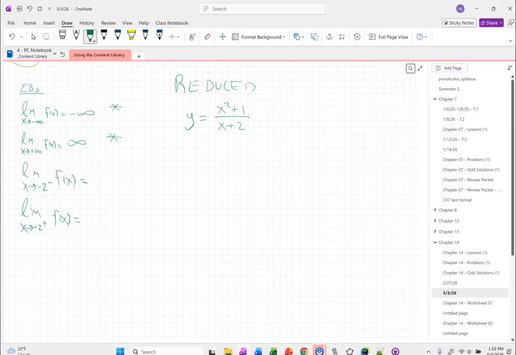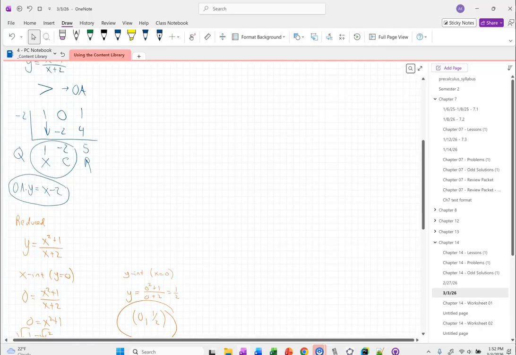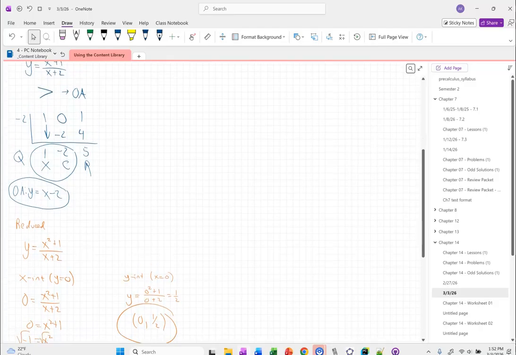I don't like the way I explain this. This piece, don't do it the way I just said. That was a dumb way of describing it. Do this instead, this is easier. I go back and look at my slant or horizontal asymptote.